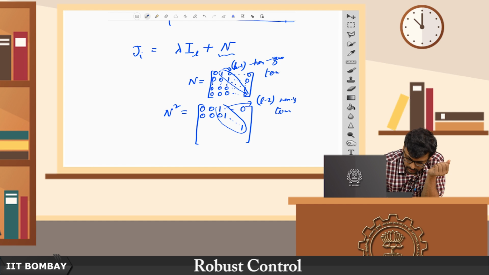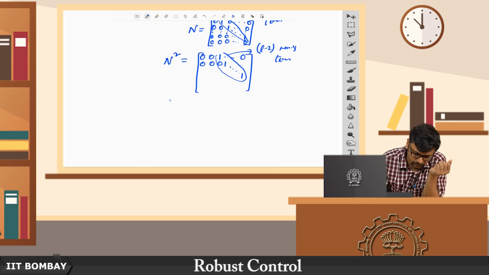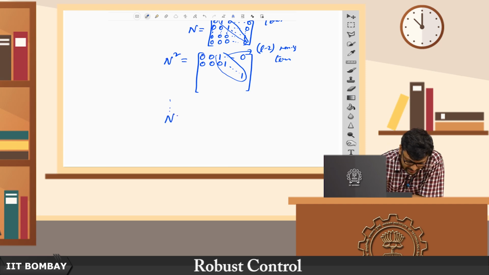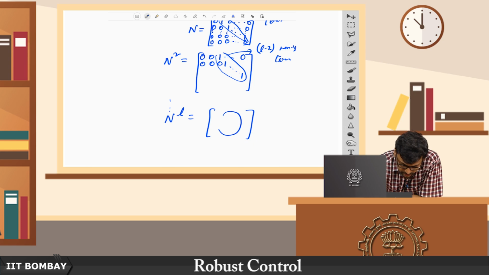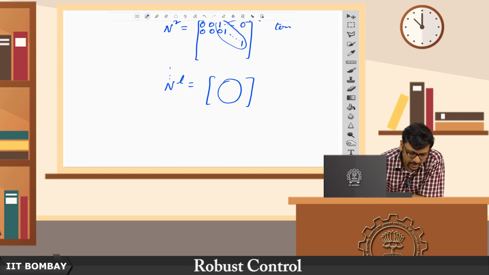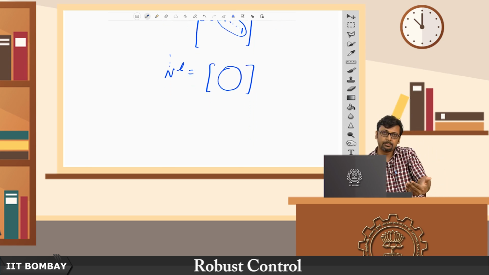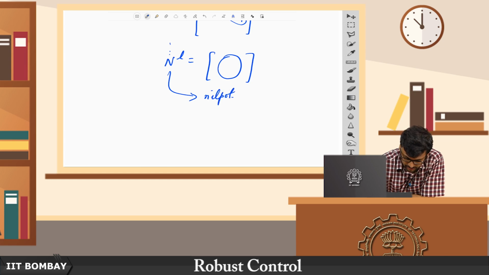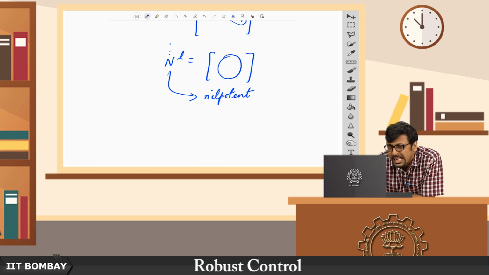Proceeding along the same line of reasoning, can I not say that N to the power L is going to be an all zeros matrix? Such matrices, which when raised to a certain power lead to the zero matrix, have a name: they are called nilpotent matrices. So, N is nilpotent of order L in this case.